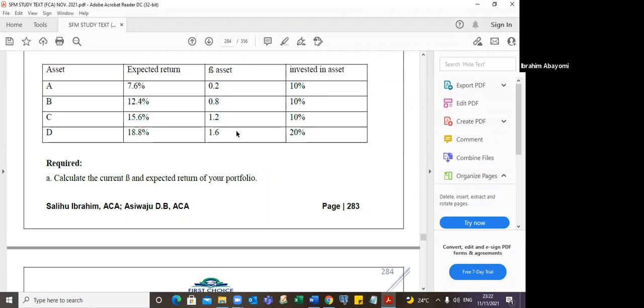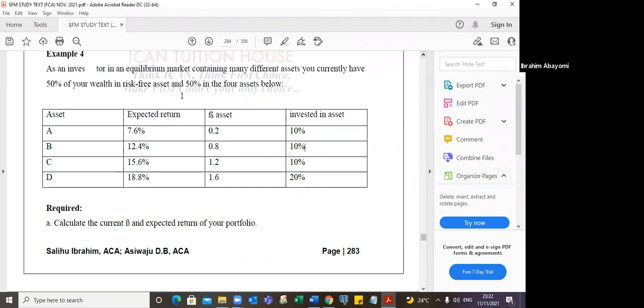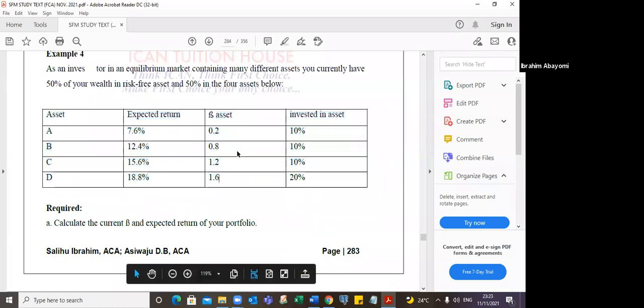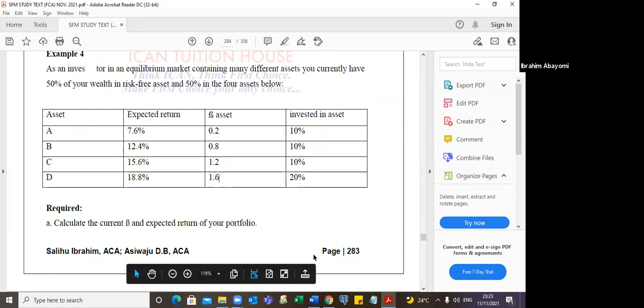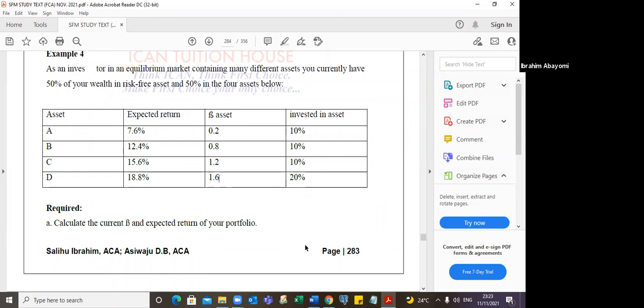The question has told you that 50% of your investment was invested in a risk-free asset, so it is the balance of 50% that you put in this portfolio. Therefore, the beta of my portfolio is this times 10%, this times 10%, this times 10%, and this times 20%. Add everything together. That is the beta of the portfolio.